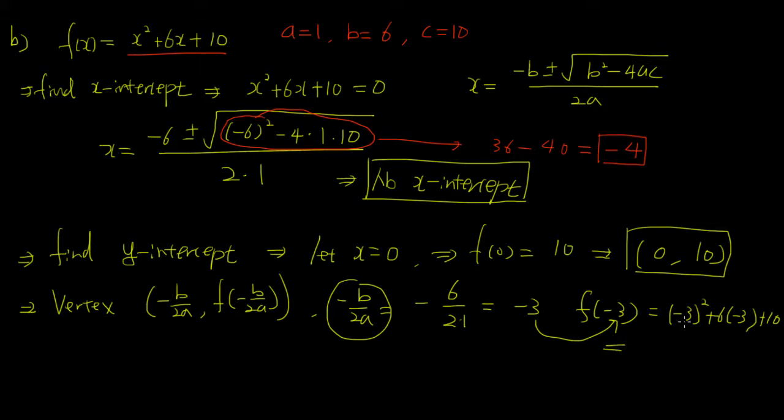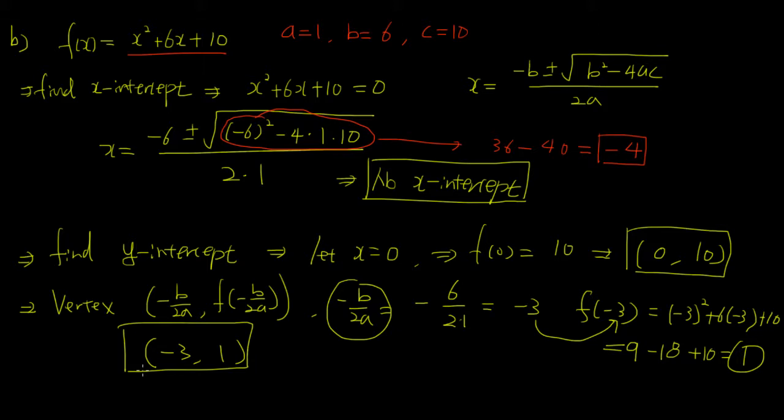Negative 3 squared is 9, 6 times negative 3 is negative 18, plus 10. So 9 plus 10 minus 18 is 1. So the vertex is going to be (negative 3, 1).